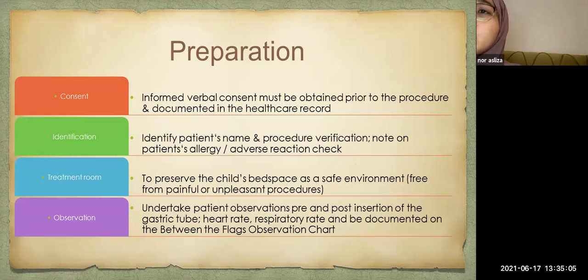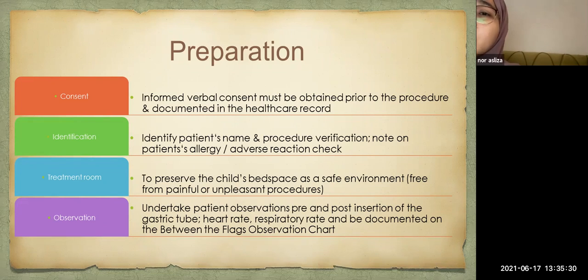Okay, for the preparation, firstly, take the consent from the patient's guardian or parent. Informed verbal consent must be obtained prior to the procedure and documented in the healthcare record. Then identification: properly identify the patient's name and do procedure verification. Note any patient allergy or adverse reaction.